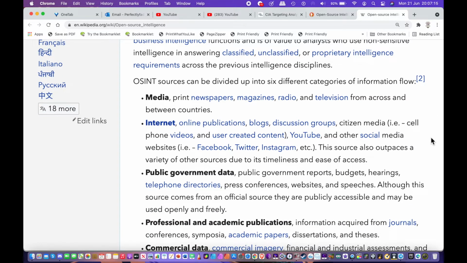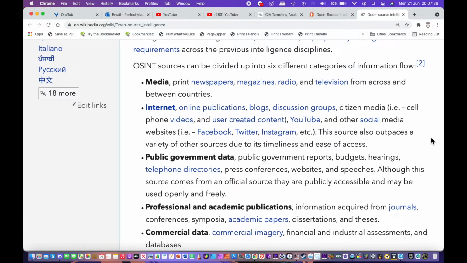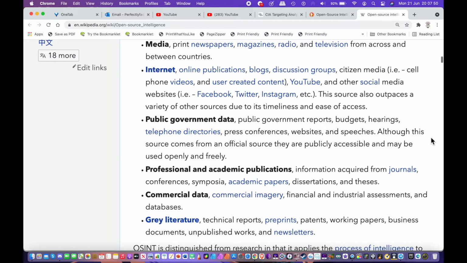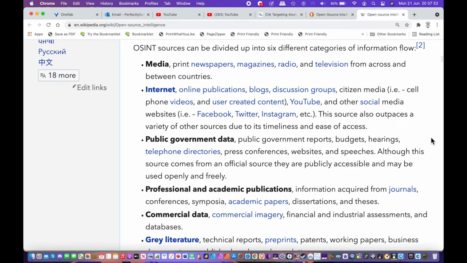Internet, online publications, blogs, discussion groups, citizen media, i.e. cell phone videos and user-created content, YouTube, and other social media websites, i.e. Facebook, Twitter, Instagram, etc. This source also outpaces a variety of other sources due to its timeliness and ease of access, which is probably what.